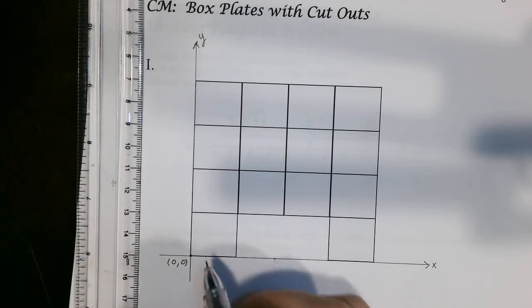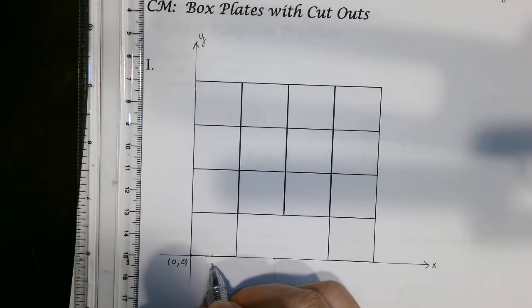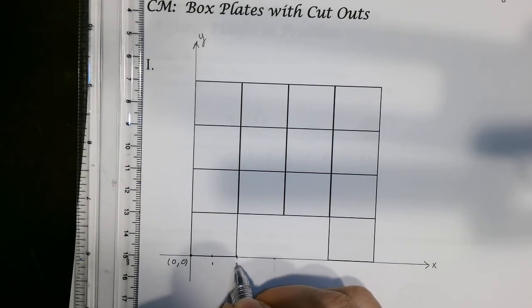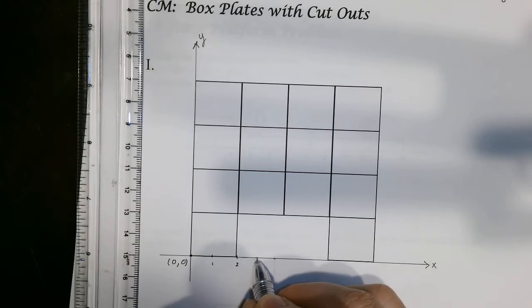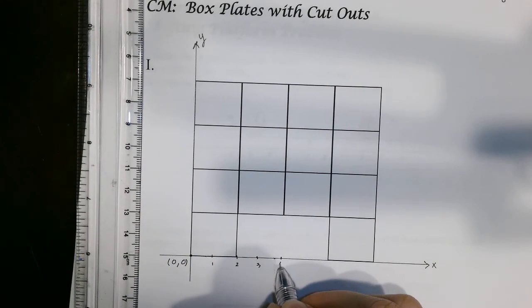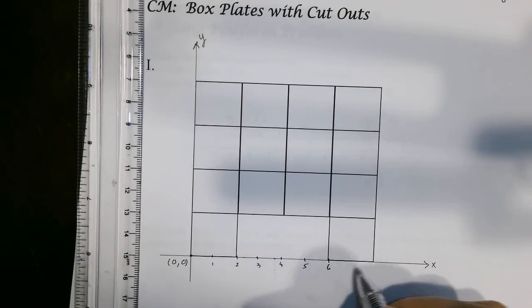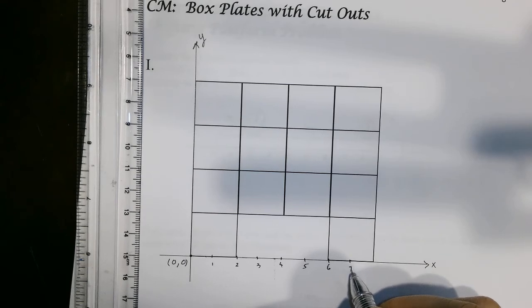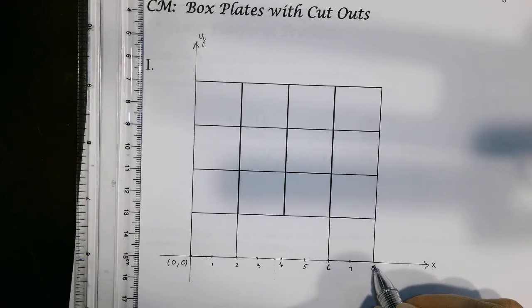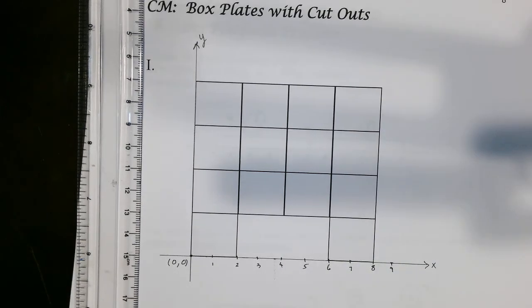And here's 1, here's 2, 3, 4, 5, 6, 7, 8, 9, etc. Okay?